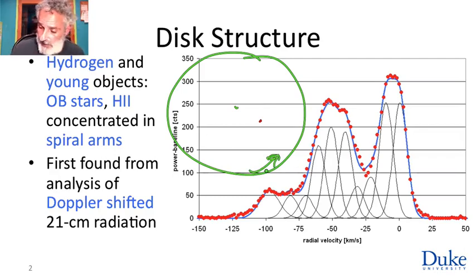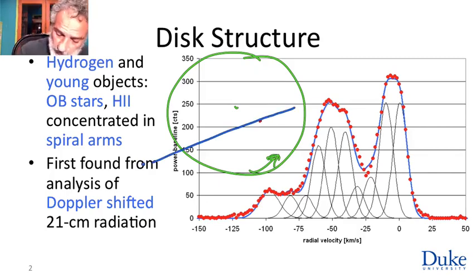And what this graph shows you is the observations that you would get by observing 21 centimeter emissions coming at the Earth from this direction.